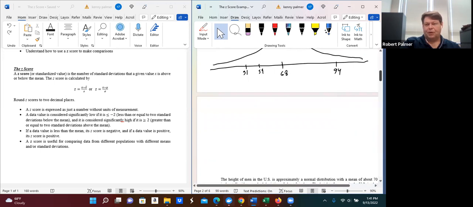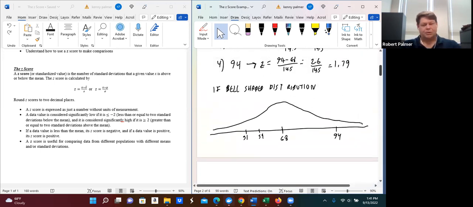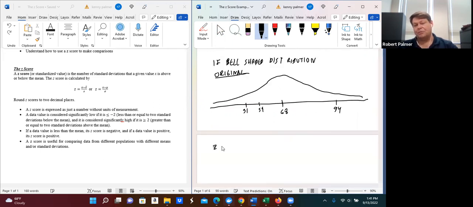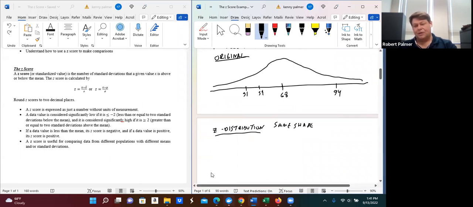Now, this is the original distribution, and what we're doing is essentially converting these to a z distribution, which has the same shape. This is just converting it in terms of z-scores.